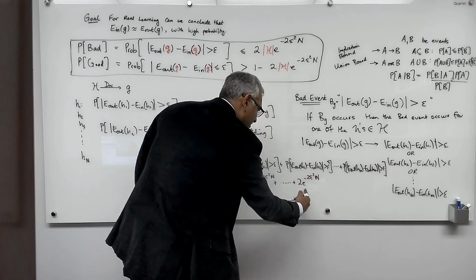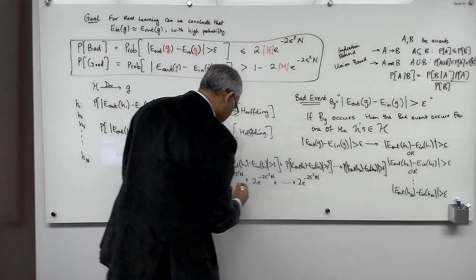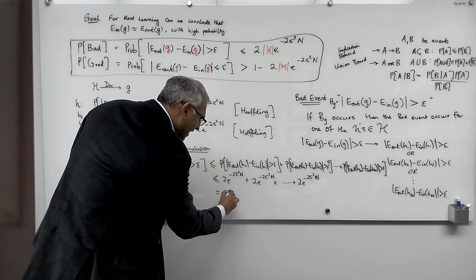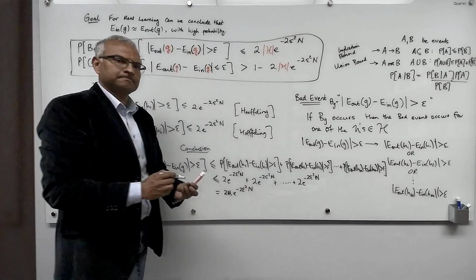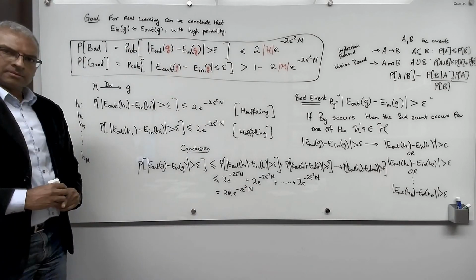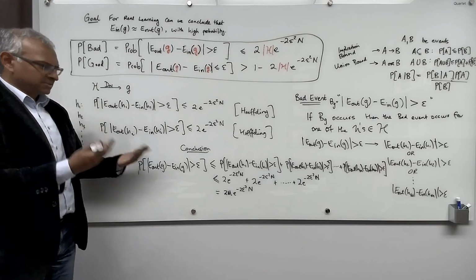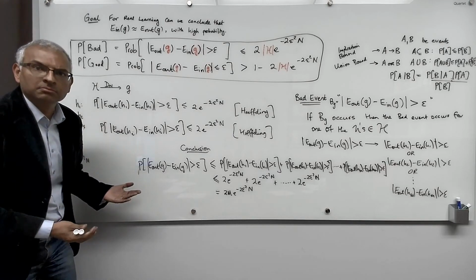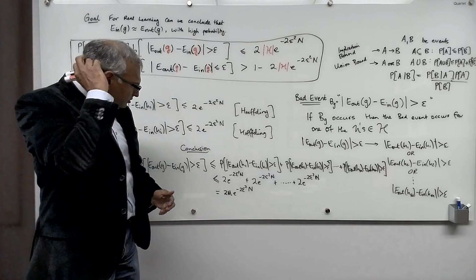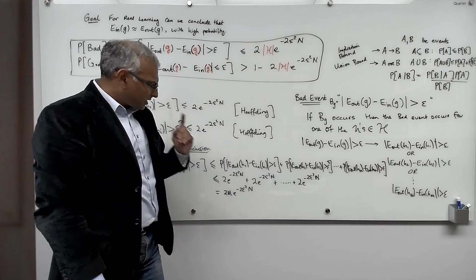And how many of these are there? There are M of them. So this is equal to 2M e to the minus 2 epsilon squared n. Ta-da! Miracle!